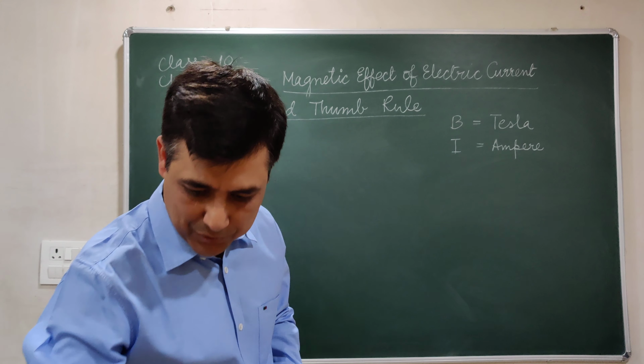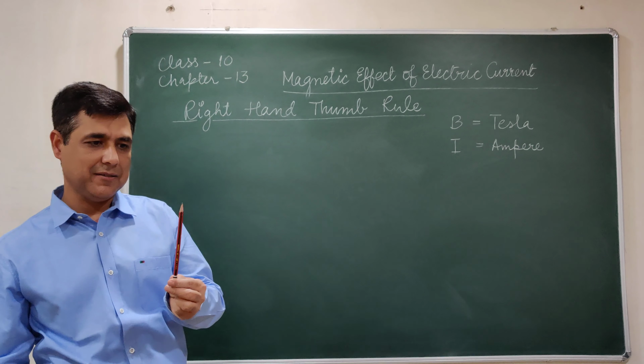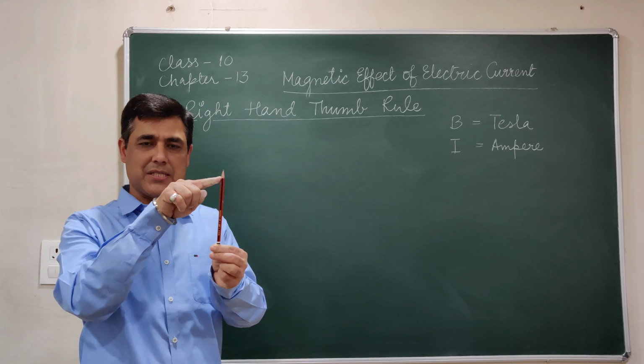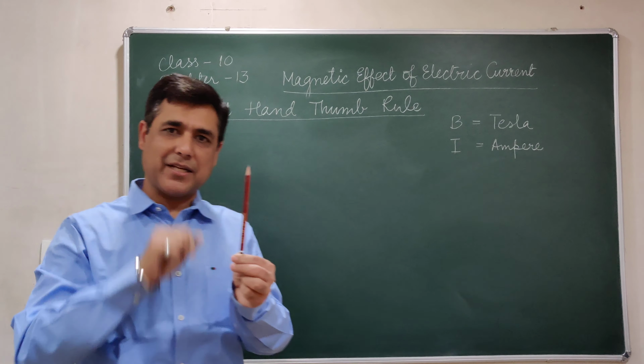According to this rule, suppose I am holding this conductor in my hand, this pencil is pointing towards the direction of current.